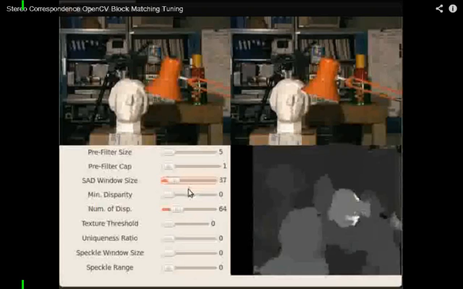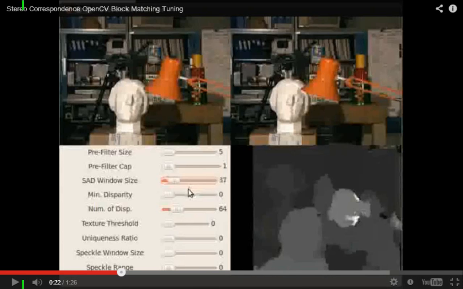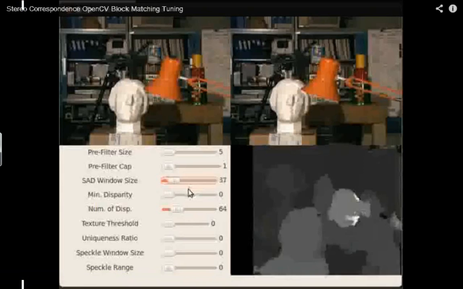And one way to do such stereo estimation is by using block matching. Now, we have all these different possible parameters here. For example, especially when you have very noisy images, it is possible to pre-smooth the block that you're going to match.